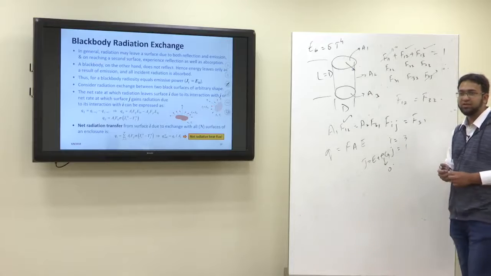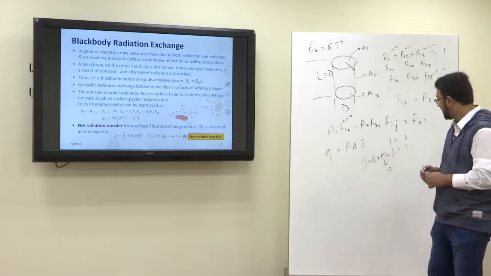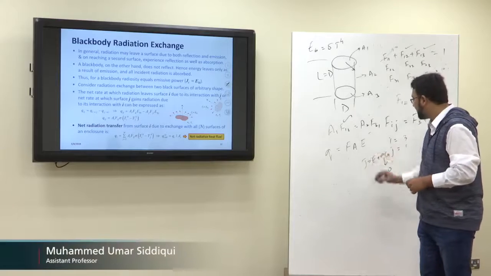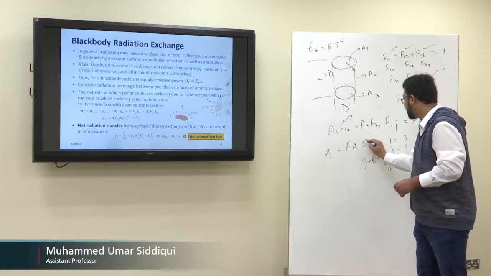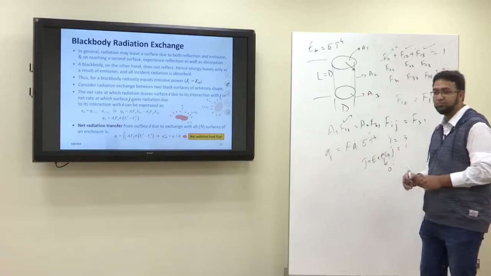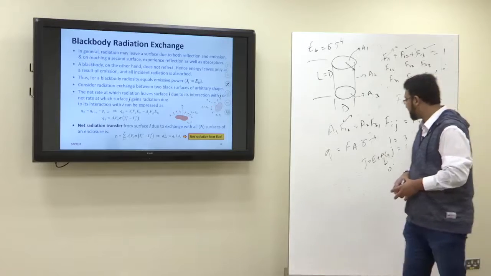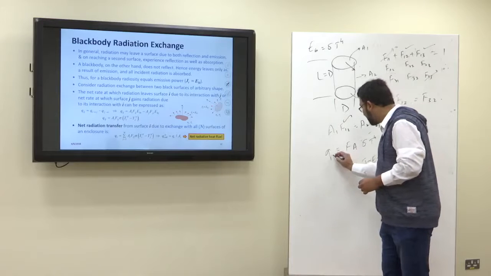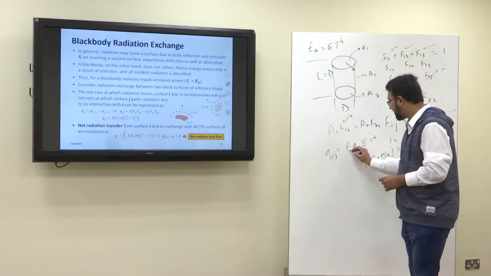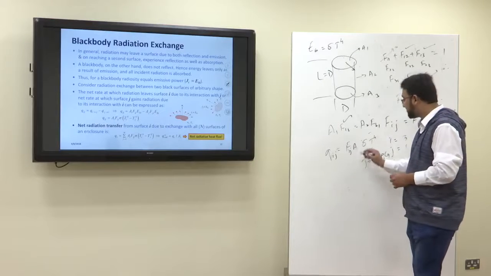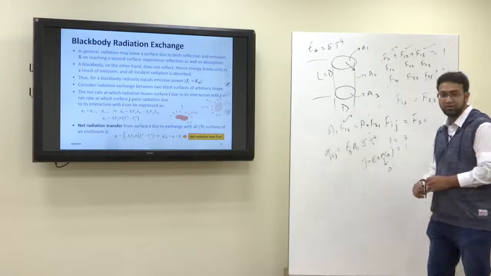Nothing is reflected. Any incoming radiation is absorbed. So J is equal to E, and E is equal to sigma T power 4. So we can write here sigma T power 4. This is for the case of Q I to J. If Q I to J, then F I to J, A I, and T I power 4.